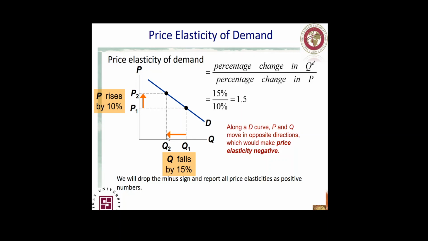Is it a fall in the quantity demanded or a rise in the quantity demanded? Is it a fall in the price? Is it a rise in the price? So we just drop it. Whatever you have as a negative sign, drop it. Don't care about it. I mean, for our case. There are other studies in economics that consider the negative sign in their own studies.